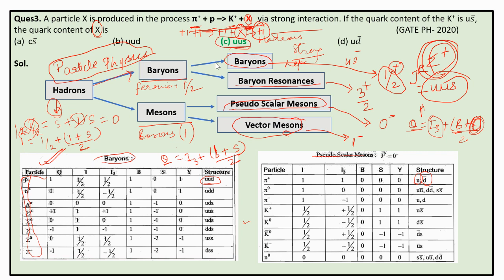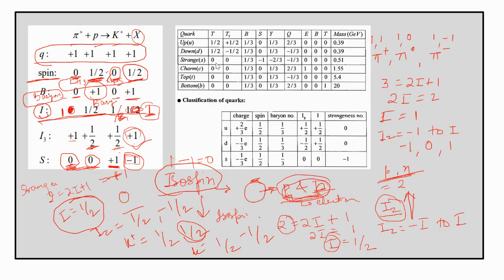Ma'am, how do I find that sigma plus has the quark content UUS? Yeah, very nice question. You can go here. This is the table of quark content. By this table, proton has charge plus 1, right? Proton does not have any strangeness, so these will not come into the picture.